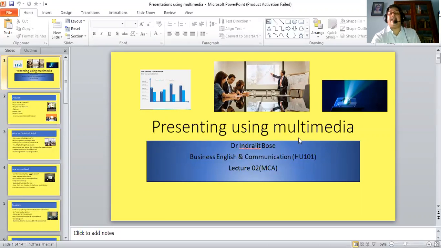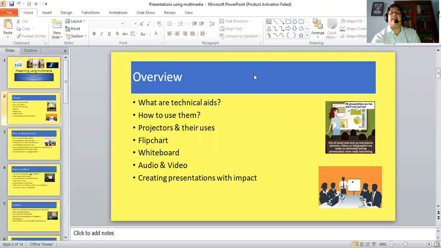So we should take a look at what is involved in the giving of presentations with technical aids. So first we shall begin by looking at what are technical aids and how we can use them. Then we take a look at different types of technical aids, projectors, flip charts, whiteboards, and audio and video inputs so that we can create presentations with impact.